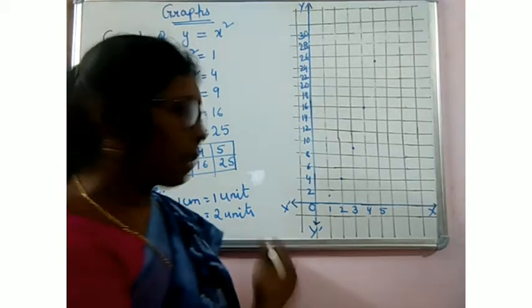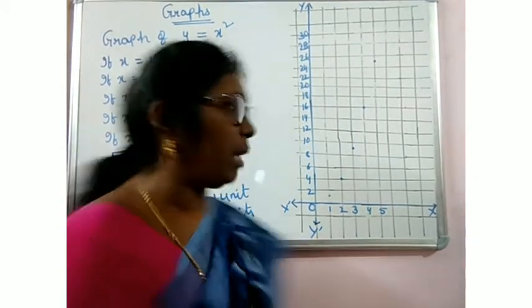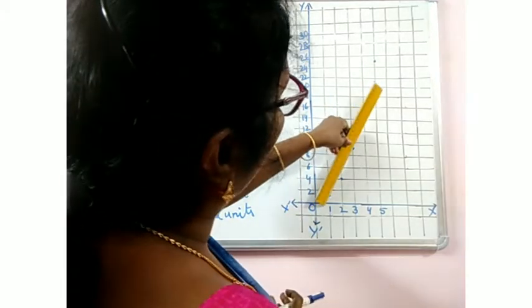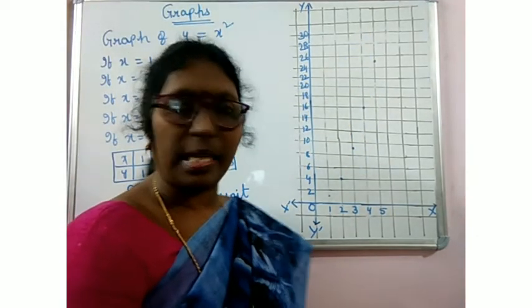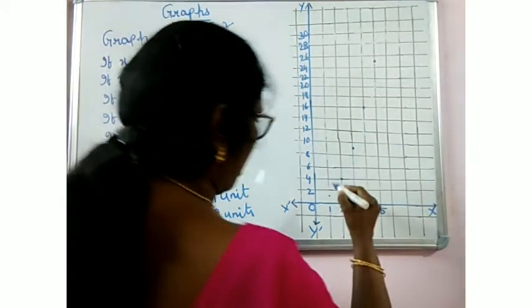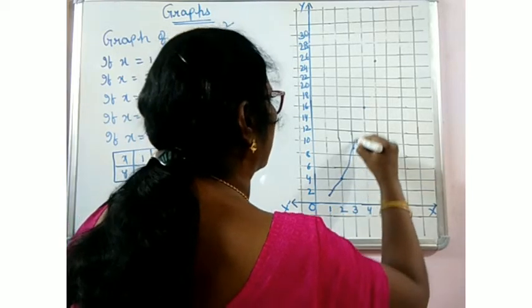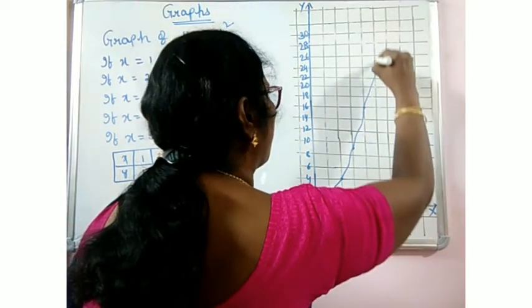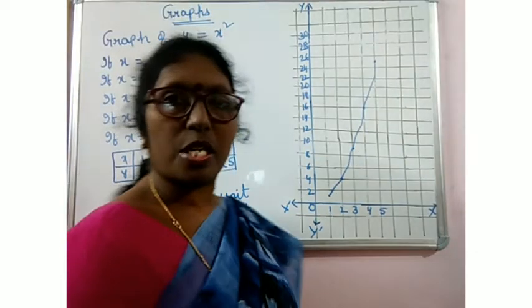Now, can we join all these points by using the scale? No. These points are not in a line. Let me join one by one, moving from the first to second, second to third, third to fourth, fourth to fifth. And what graph did we get?